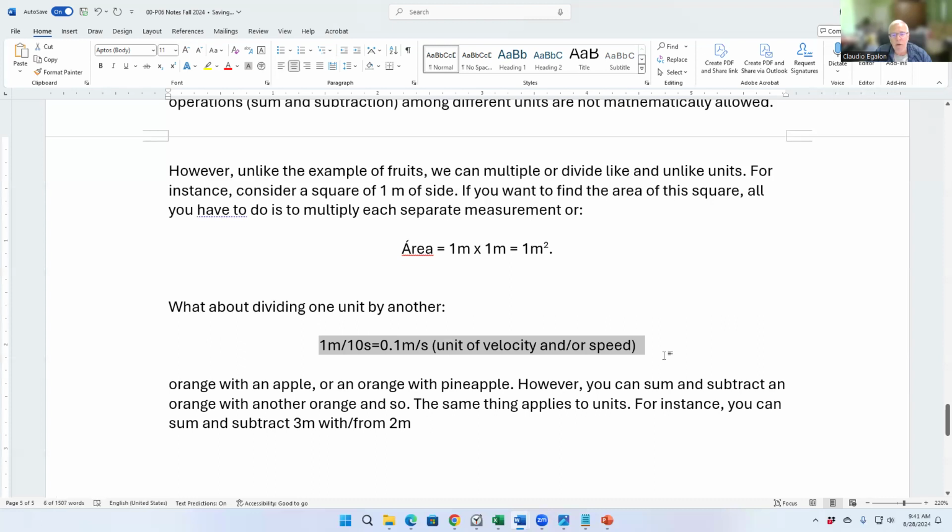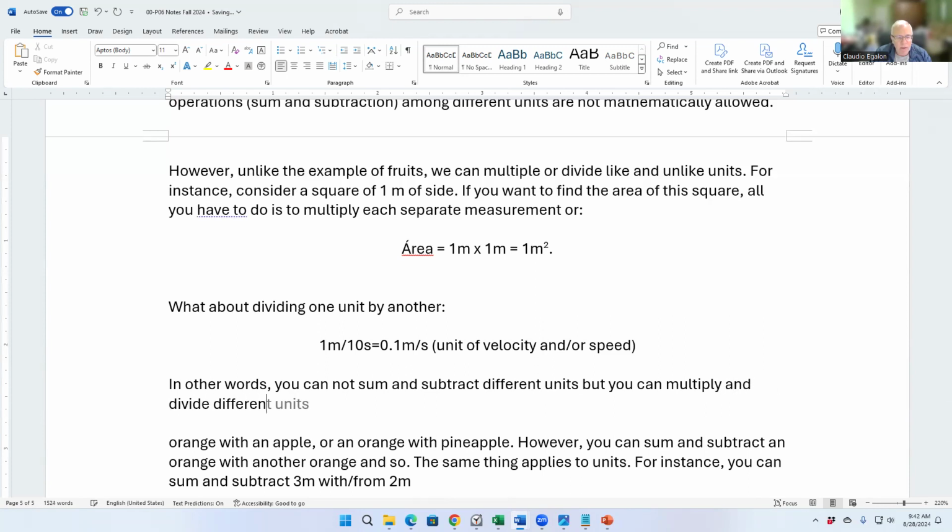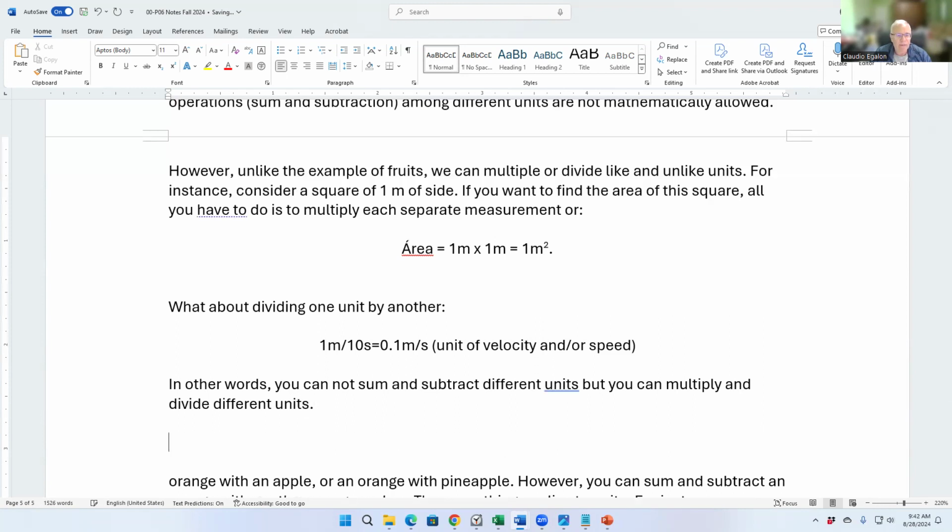You cannot sum different units, but you can multiply and divide different units. In other words, you cannot sum and subtract different units, but you can multiply and divide different units.